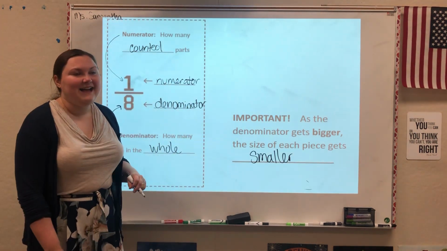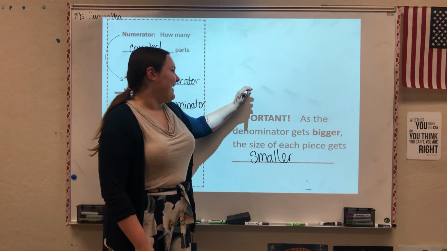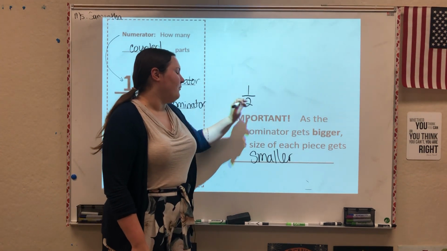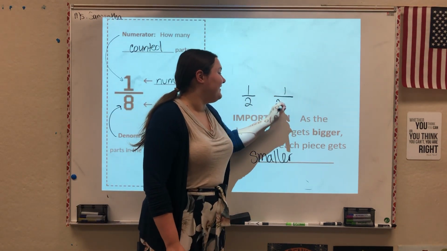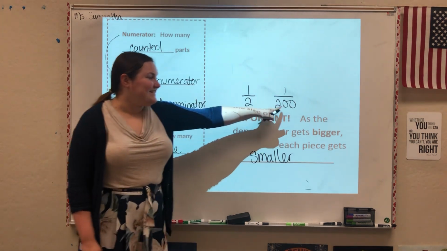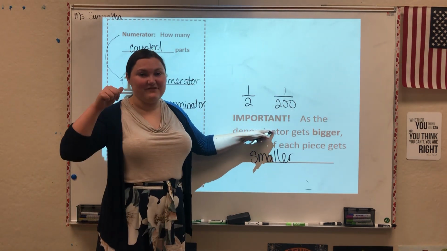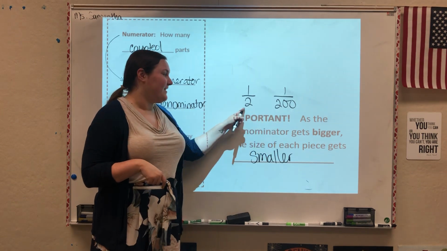That means if I had, let's do something other than an apple, let's do a pizza. If I had 1/2 of the pizza and you had 1/200th of the pizza, as that denominator gets bigger, the size of the piece gets smaller. This is very, very small compared to this.